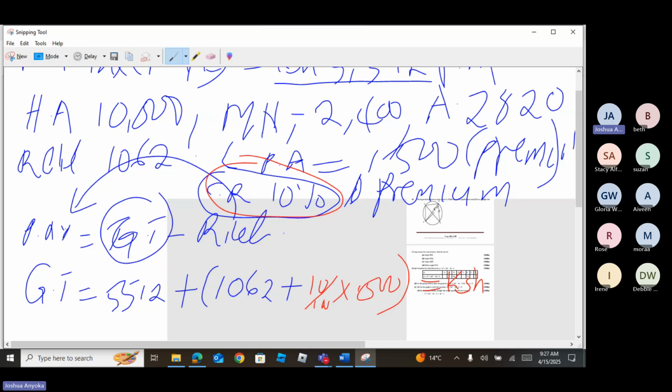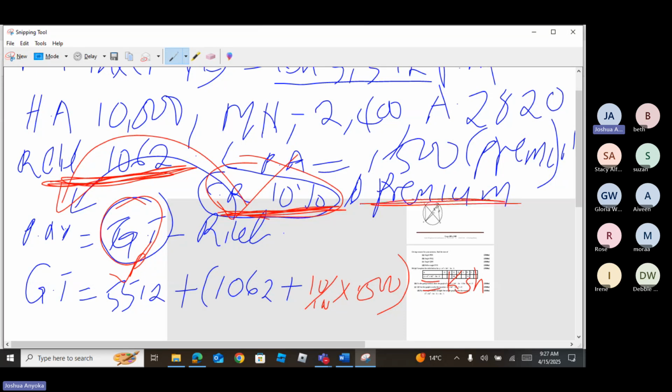So it's a question asking us to do reverse taxation. We are given PAYE and reliefs, so what we need is gross tax. If we take relief to the other side, it becomes PAYE plus relief. The reliefs are two: the personal monthly relief of 1,062, and 10% of the premium, and the premium is 1,500.